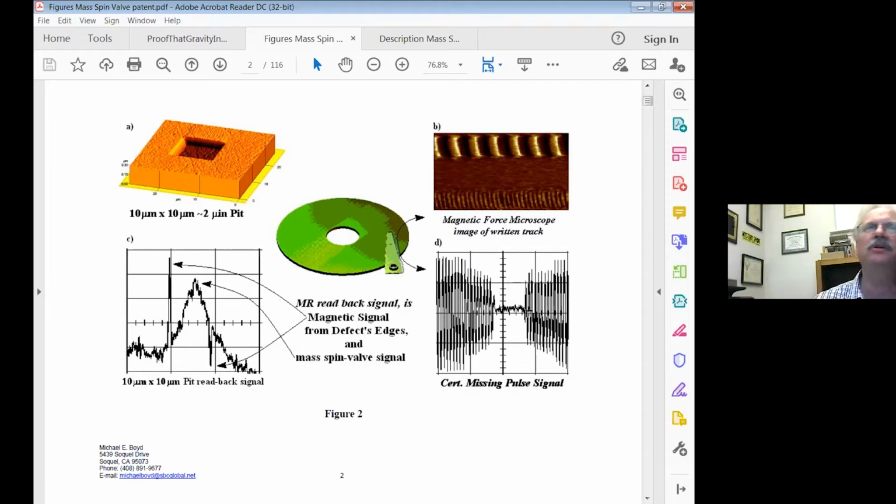Now, this image here on the left, lower left, is the same readback, but instead of having these data tracks, there's this region in the middle where there's no field direction. So it's what we call the erased portion of the disk.